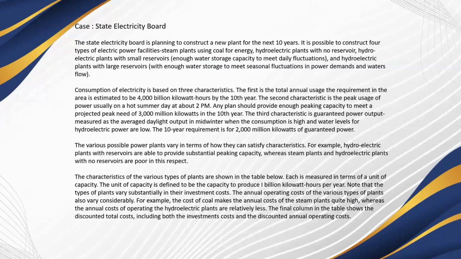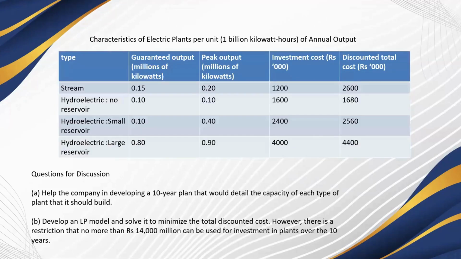It is possible to construct 4 types of electric power facility: steam plant using coal for energy, hydroelectricity plant, and others. We are helping the company in developing a 10 years plan that would detail the capacity of each type of the plant that it should build.